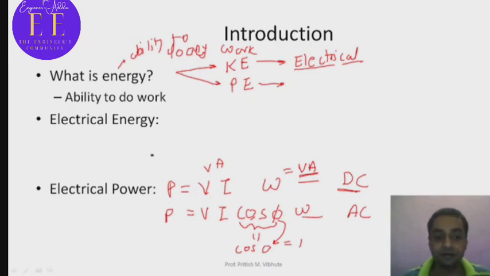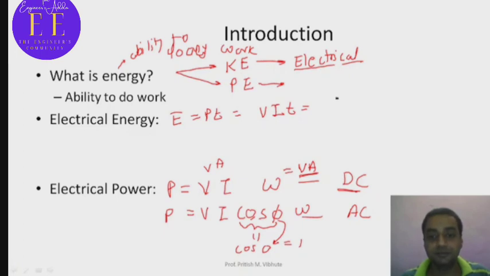So this is about power. Then what is energy? Energy is very simple: P into T, that is the amount of power per unit time. If I put the formula of power over here, it is VI into T. So this is the formula for energy. The unit of energy is joule, or sometimes watt second or watt minute. The unit of power is watt and the unit of time is second.